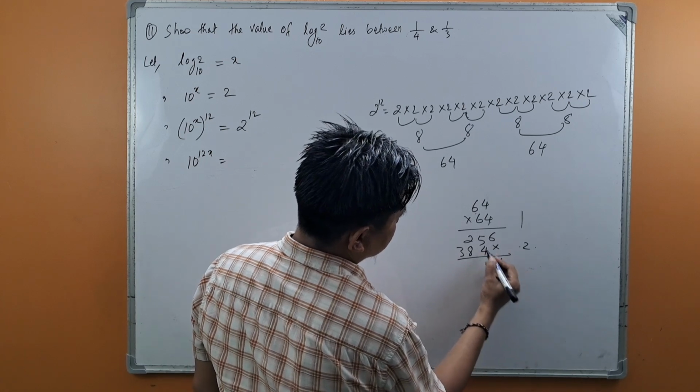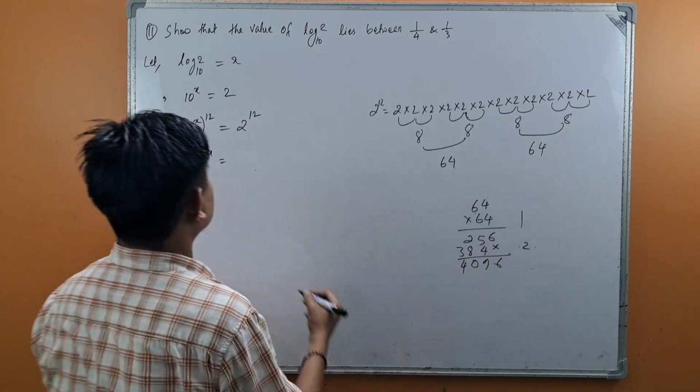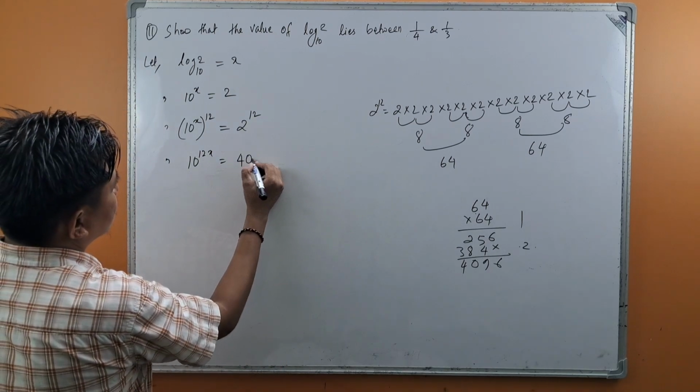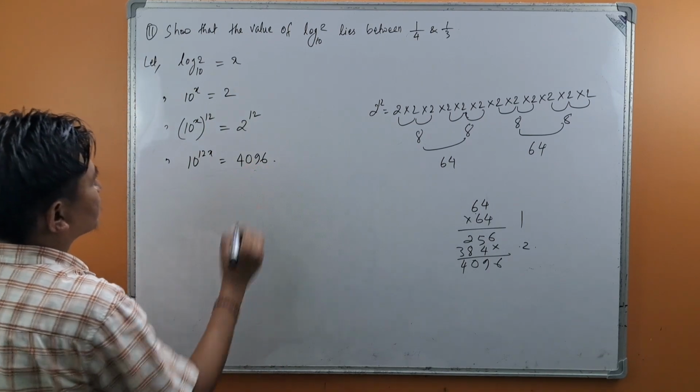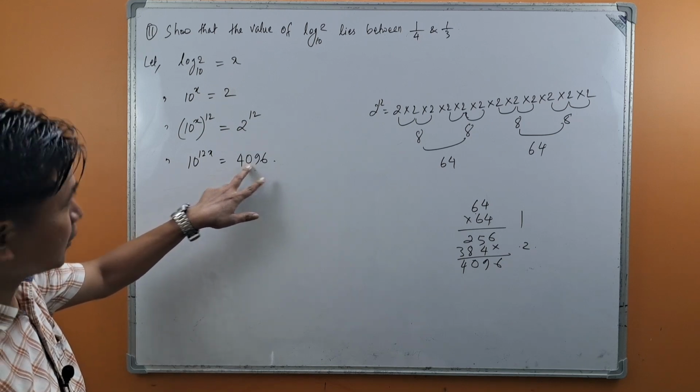So this gives 4096. Hence 10 to the power 12x equals 4096.